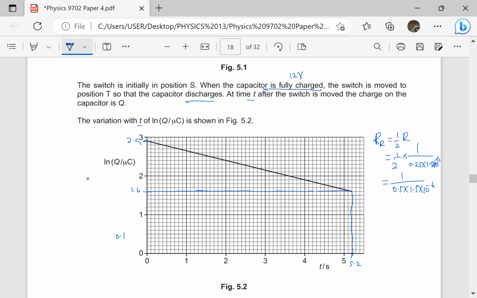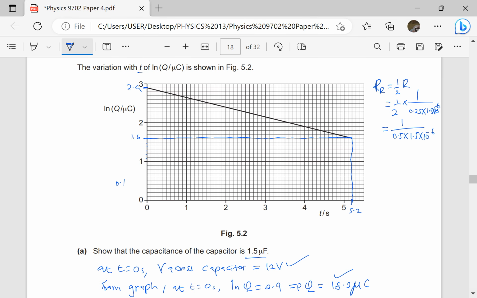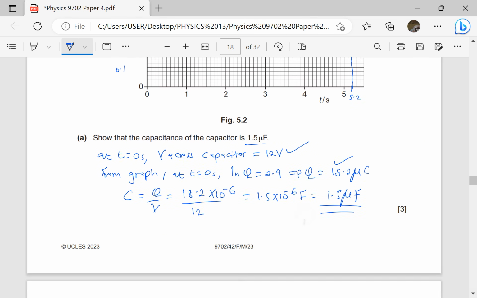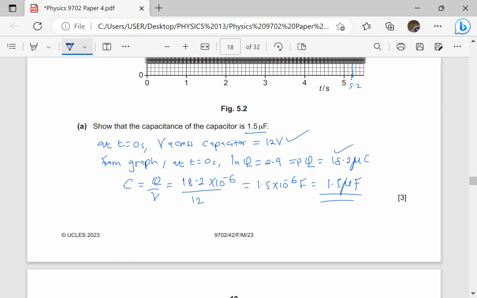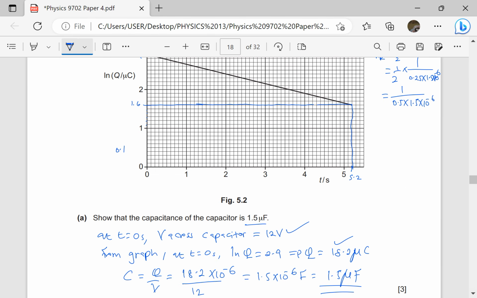I'm going to go back to the expression I wrote, ln of Q is equal to ln of Q naught minus 1 over RC times T, because R has changed.